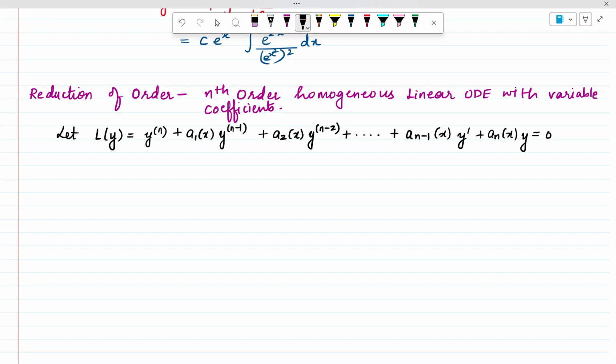And because it is homogeneous, this is going to be equal to 0. Let me call this as equation number 1.